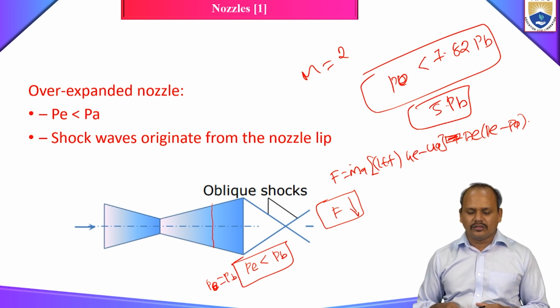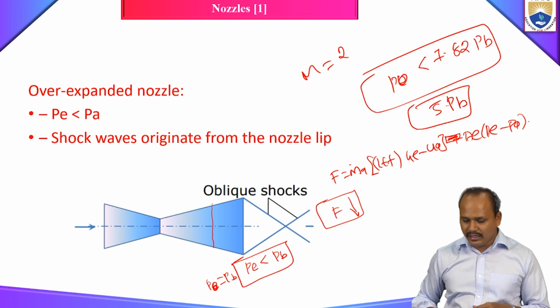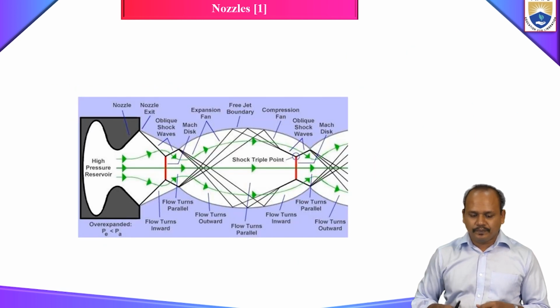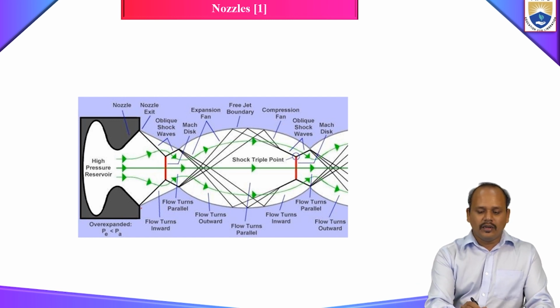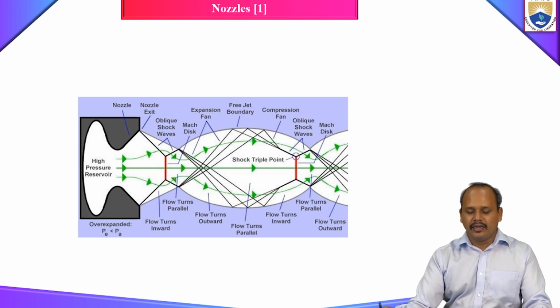Now comes the question: do we have a problem only with the thrust generation? Do we have any other problem because of the wave formation at the nozzle exit? Yes. Let's say this is the overexpanded case. We have already seen that during overexpansion, we will have the formation of an oblique shock wave at the nozzle exit.